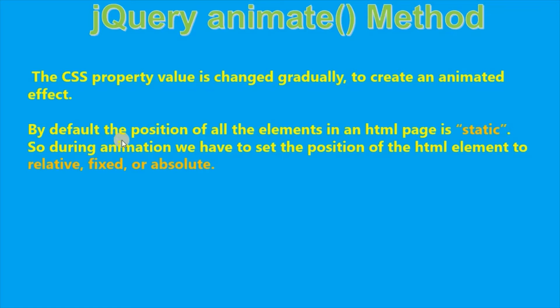By default, the position of all the elements in an HTML page is static. So, during animation, we have to set the position of the HTML element to relative, fixed, or absolute.